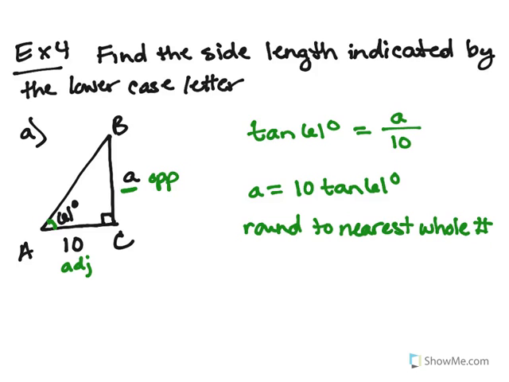Okay, it doesn't matter if I'm trying to add pi over 2 to pi over 3. I can add that. That's not a big deal. But if I'm using a trig function, I have to make sure I'm in the right mode. So when I put this in my calculator and I round to the nearest whole number, I get 18. How many of you got 18? All right, if you didn't get 18, you were probably in the wrong mode.